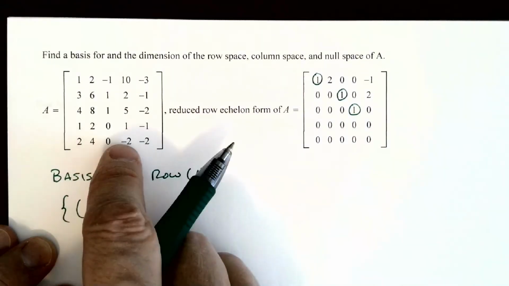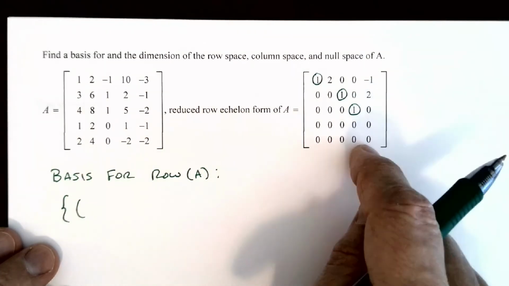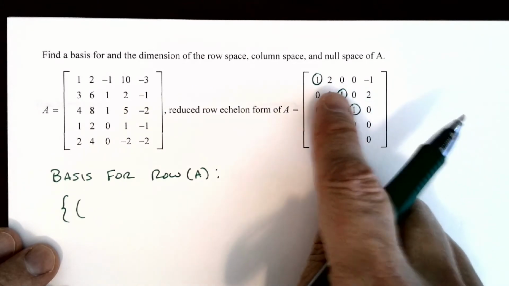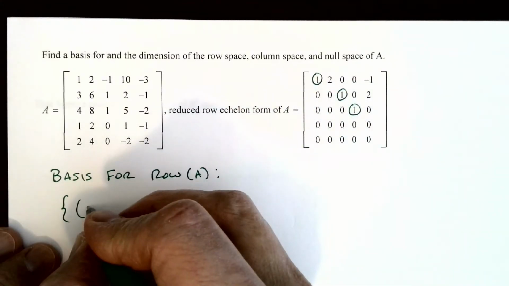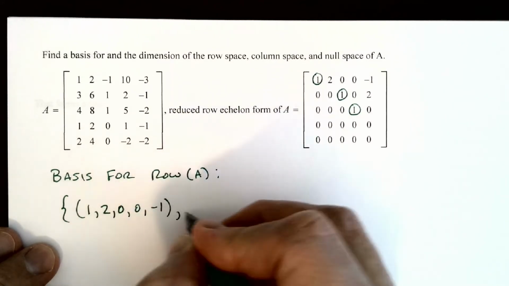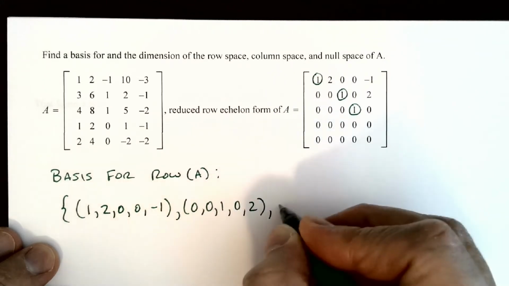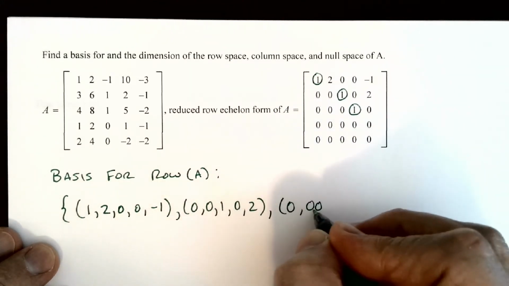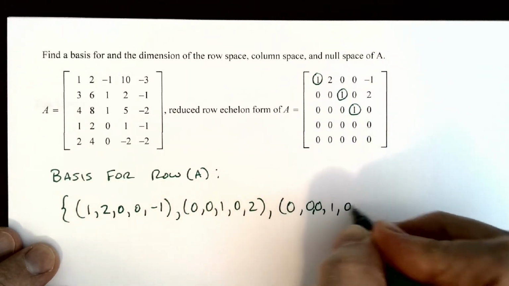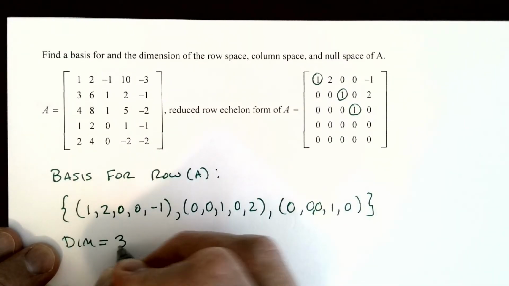So I can find a basis for the row space of matrix A by simply finding a basis for the row space of its row echelon form, which is again what? The first, second, and third rows of this. And what's its dimension? 3.